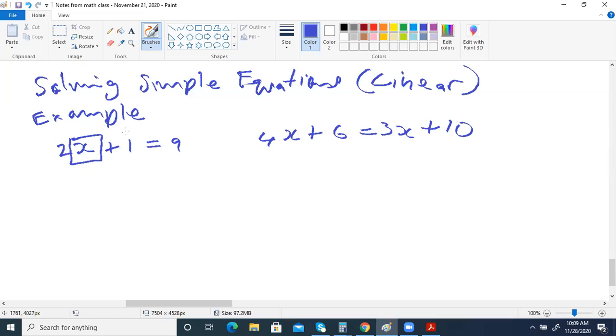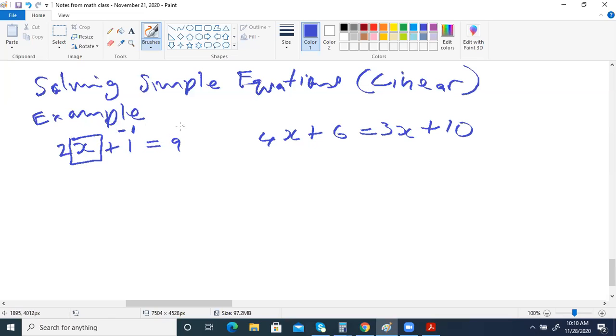So check it out. First of all, I need to get 2x by itself. We see that a 1 is beside it, so we'll minus 1 from this side. But anything we do to one side, we have to do to the other side of the equal sign, right? The equal sign is like a fulcrum, that thing that balances the two sides of the equation.